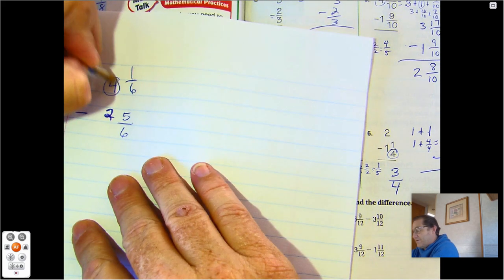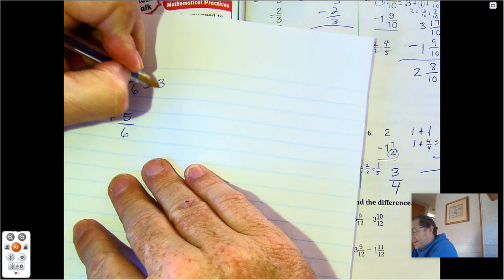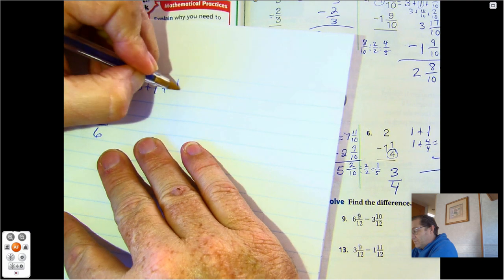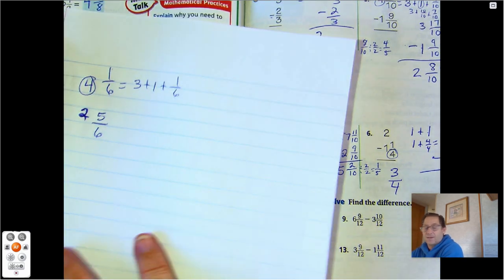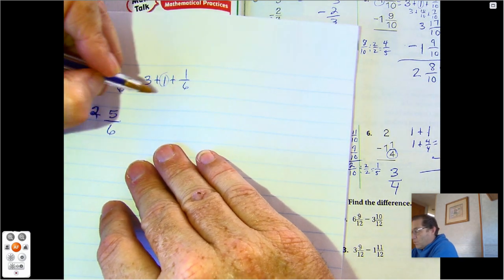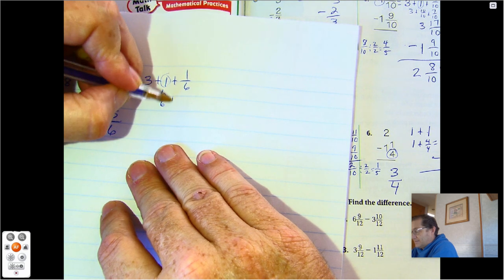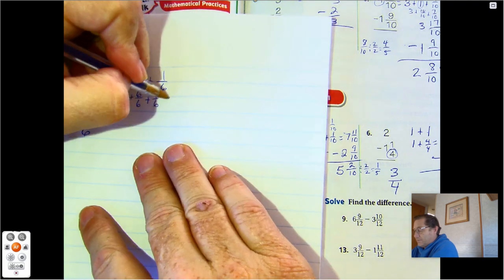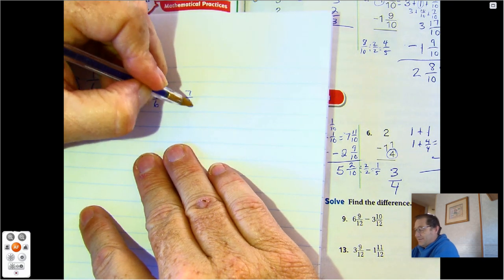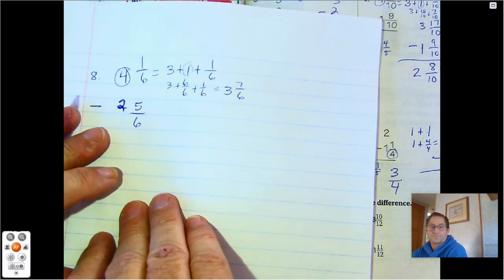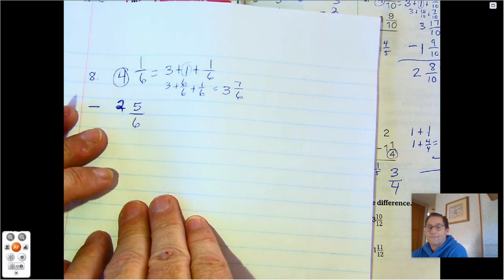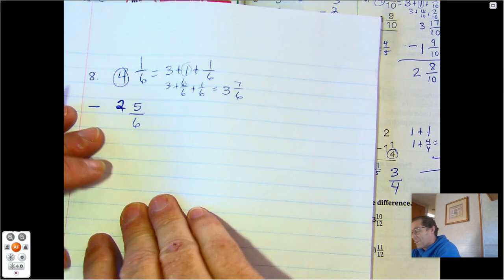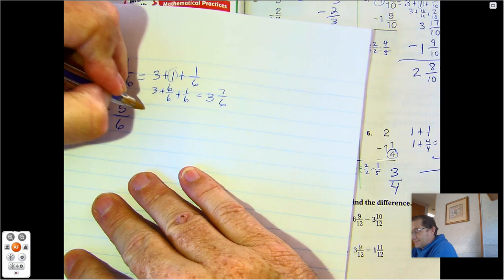So I'm going to rename the 4 as 3 plus 1 plus 1/6. I can now rename the 1 as 6/6. So that equals 3 and 7/6, minus 2 and 5/6.